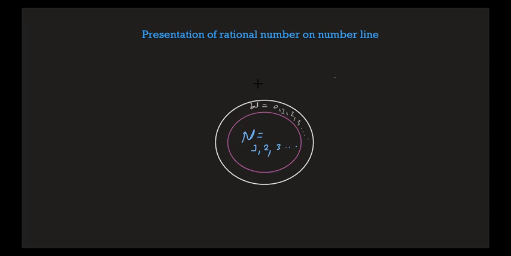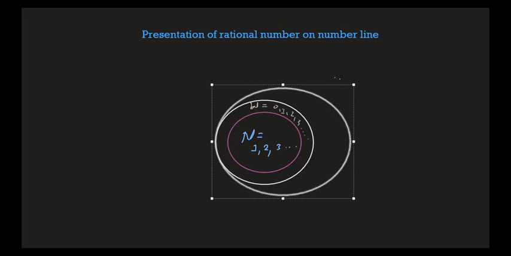Now again the natural numbers and whole numbers are covered by a set of numbers, and that is called the integers. This set has all positive numbers, with 0 and all negative numbers.